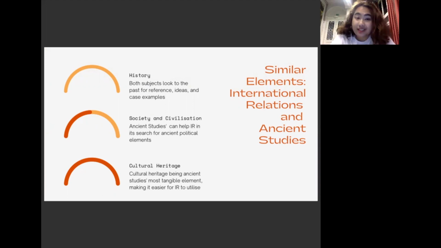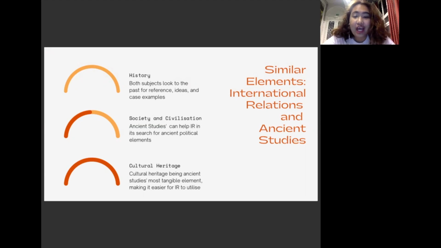The realm of ancient studies is simply ancient, meaning every core objective in the subject is extracted from periods that are antiquated. International relations, in return, is a subject that tries to predict what happens next in the international stage by following patterns and tendencies drafted from the past.